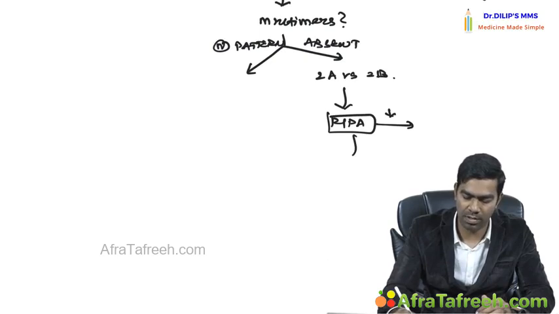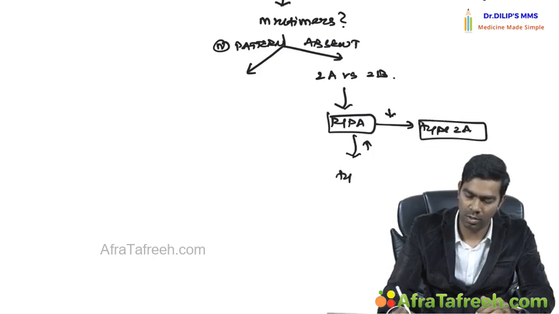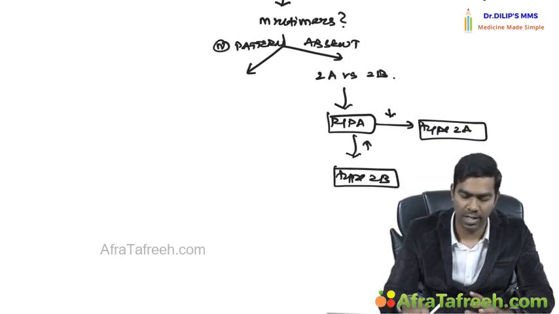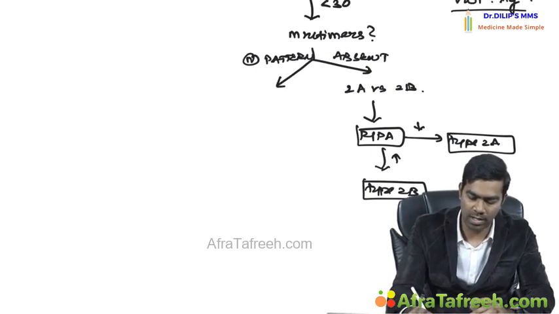If RIPA is low, it tells you it's 2A disease, and if RIPA is high, it tells you it's 2B disease. Clear? We have learned this already. Then if you have a normal pattern, it could be either type 1 disease or 2M disease.